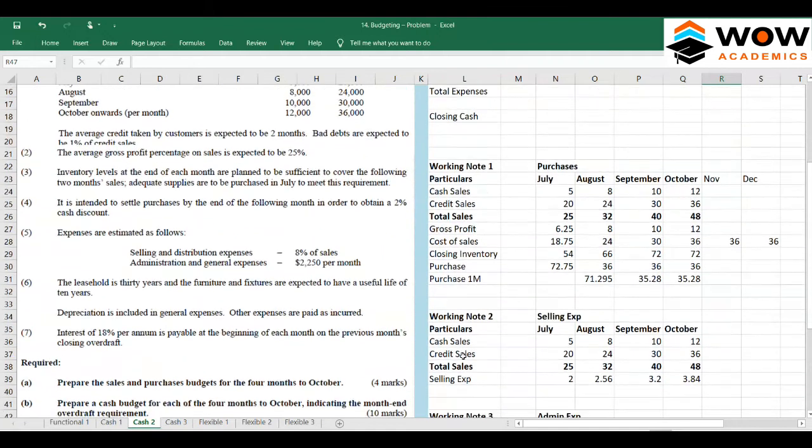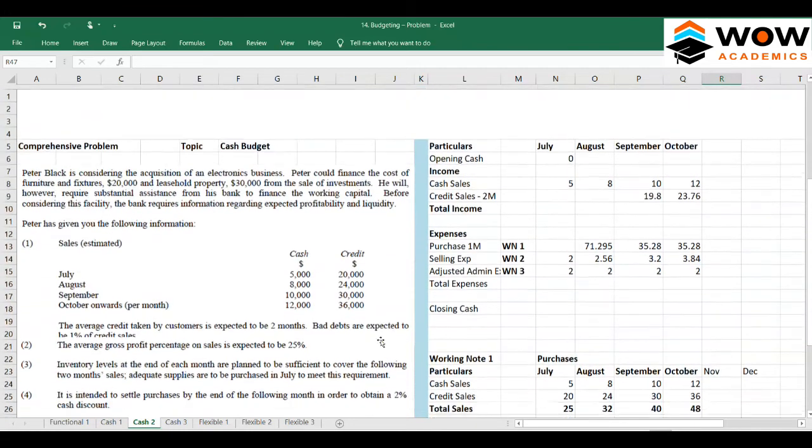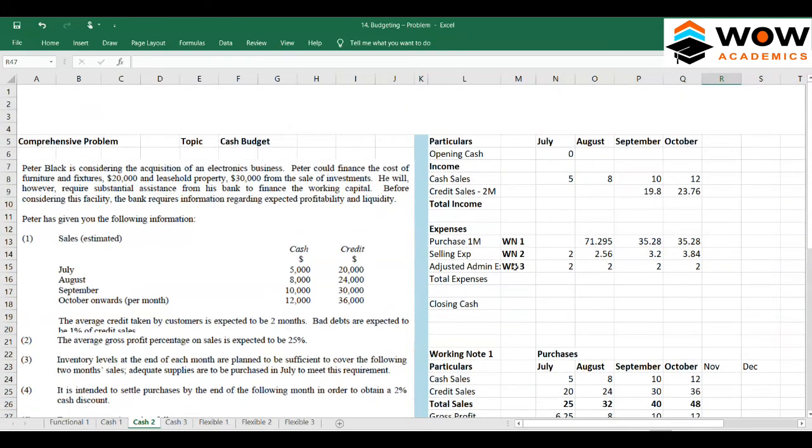So what else do we have? Depreciation is over. Selling is over. Interest of 18% per annum is payable at the beginning of each month on the previous month's closing draft. So only when there's a closing draft we have to find that out. I think we'll go to the end of the sum. Opening cash is 0. Total income would be the sum of all these.